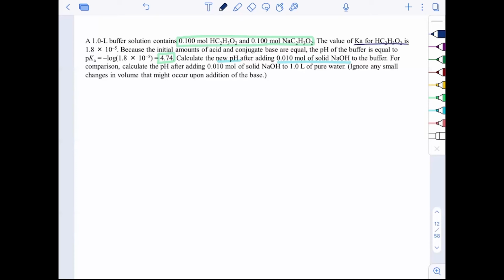That Ka tells it all. We want to use the acid ionization reaction of acetic acid with water. So for this reaction, we will be looking for our new ICE table this way.